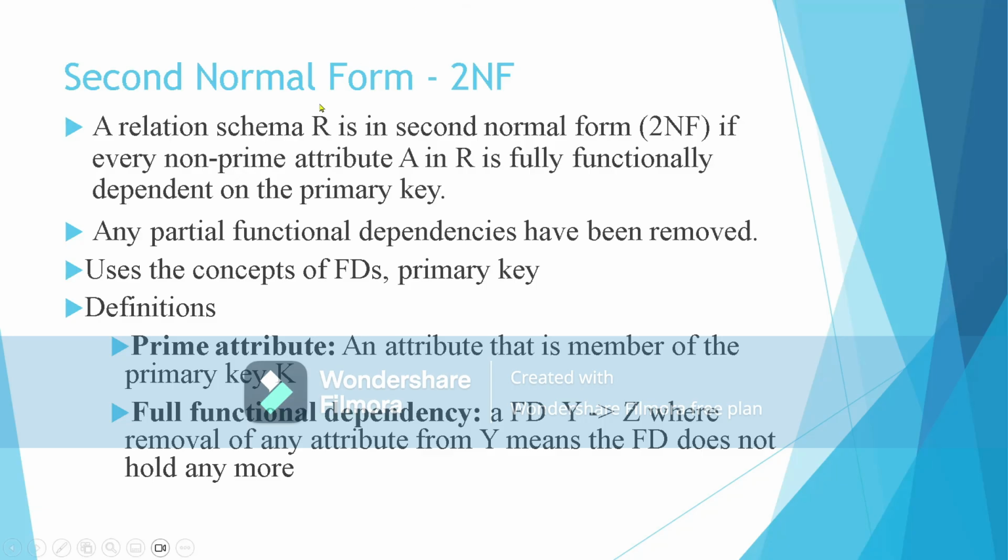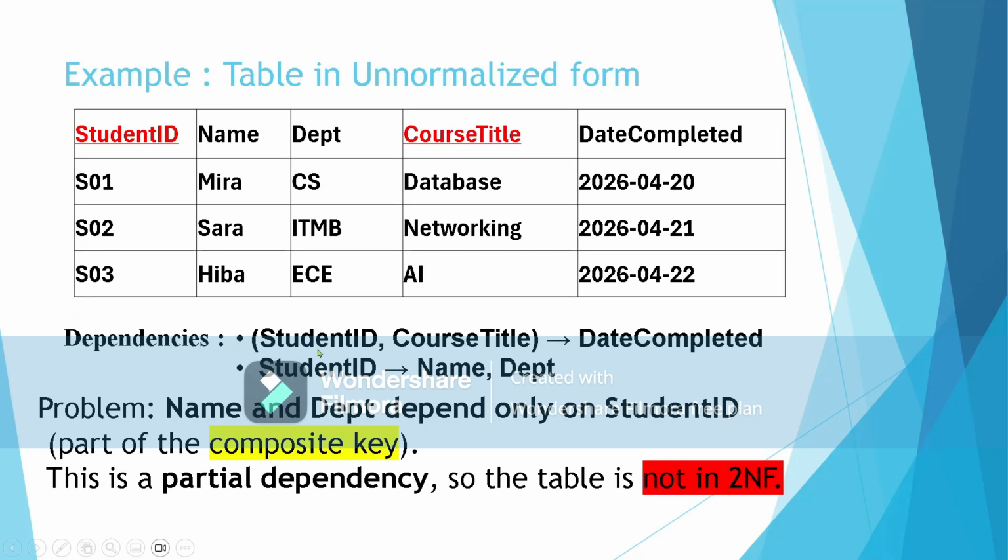For that, first you should know what a prime attribute means. You can take an example. In this table, student ID and course title together make a primary key, and by using that, the date completed for the course can be obtained.